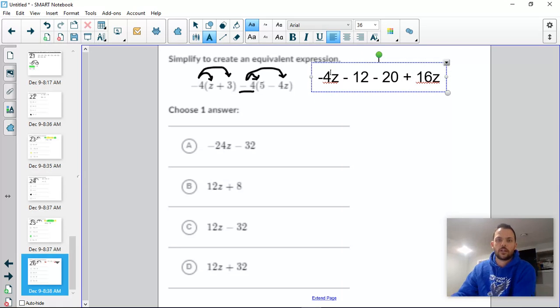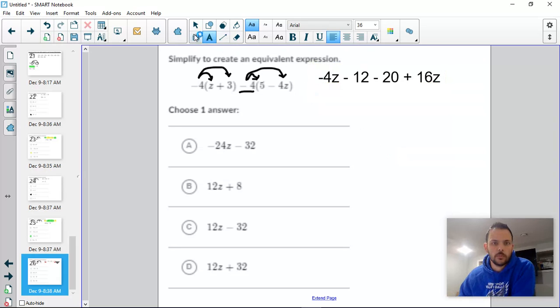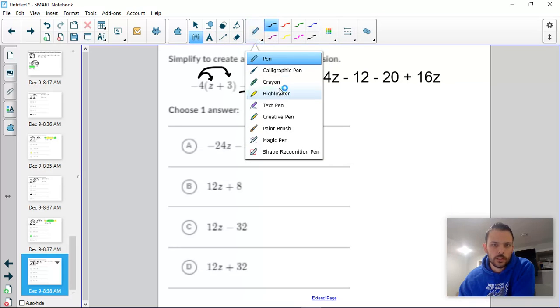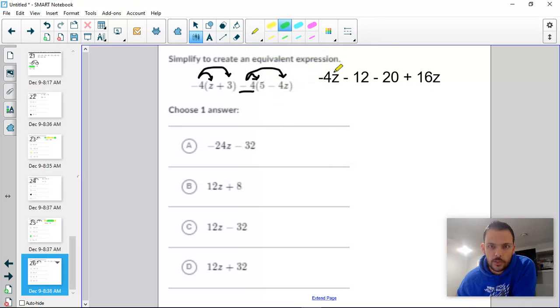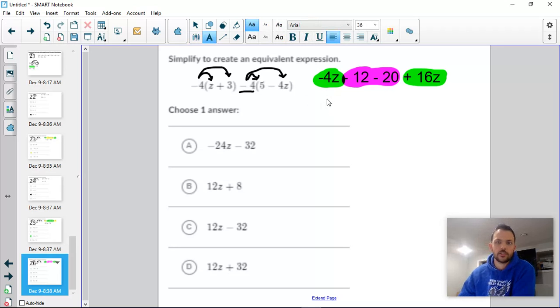Right, so now let's combine our like terms. Wait, what like terms? What are those? All right, so negative 4z here, positive 16z here, negative 12 here, minus 20 here. So we got our like terms. So 16z minus 4z, or you could do negative 4z plus 16z.